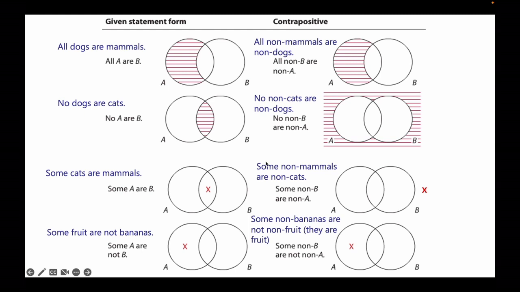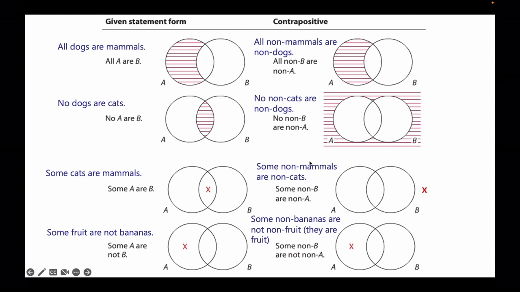Where it says some. That gives you the answer of where the X is going to be placed. Some non-mammals. Now, how do I diagram some? Well, with the X.